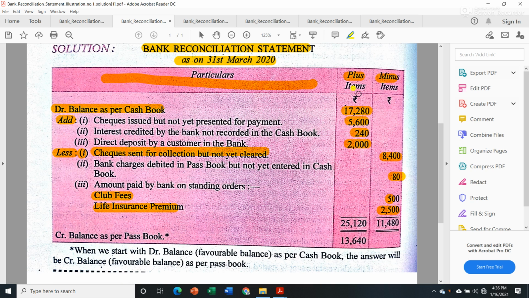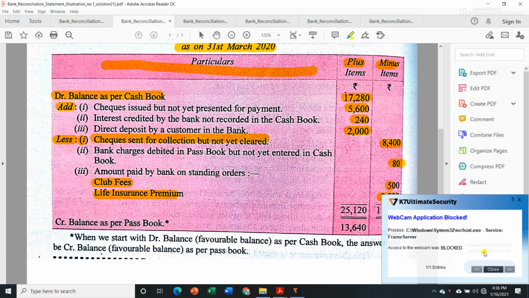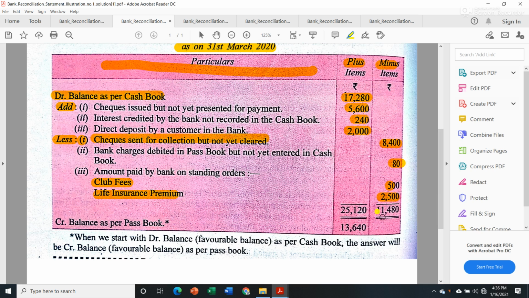Now after writing all the items in plus and minus column, we will find out the total of these plus items. So 17,280 plus 5,600 plus 240 plus 2,000 is 25,120, and in minus items we have 8,400 plus 80 plus 500 plus 2,500, we have 11,480.